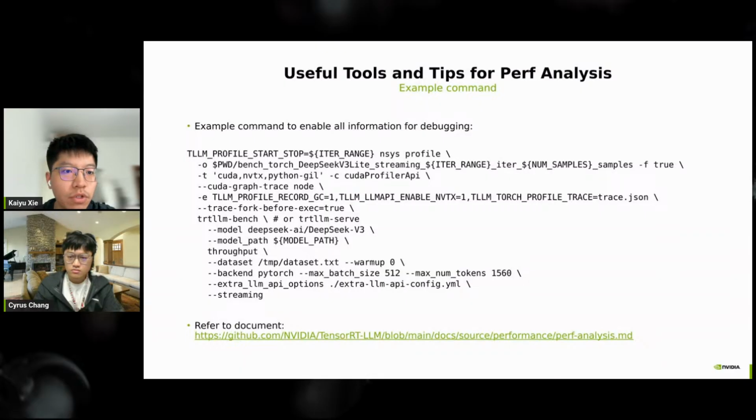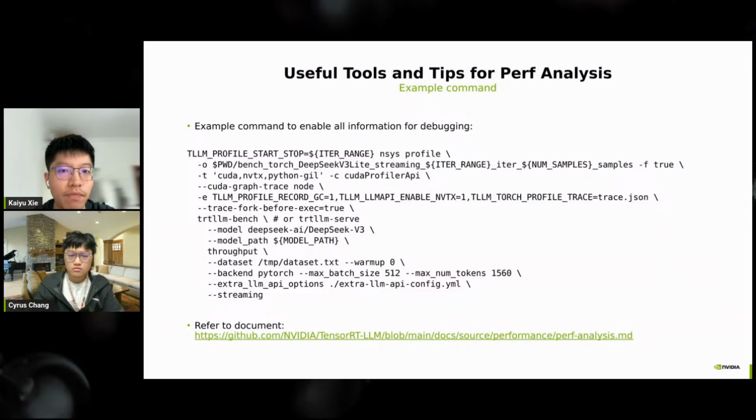This is a command for when you are trying to use trtllm-bench to benchmark TensorRT, and use nsys profile to profile the timeline of how trtllm-bench is doing the benchmark. You could certainly replace the trtllm-bench command with the trtllm-serve command, but the nsys profile idea is the same.